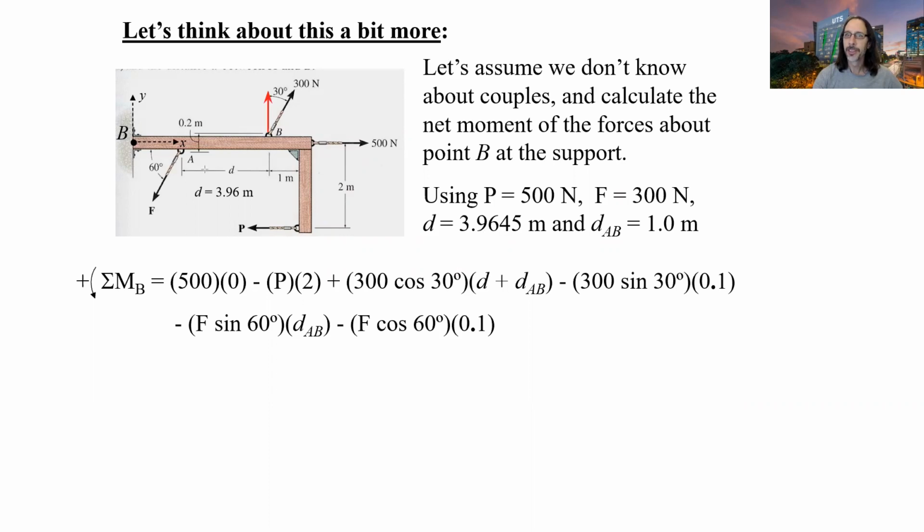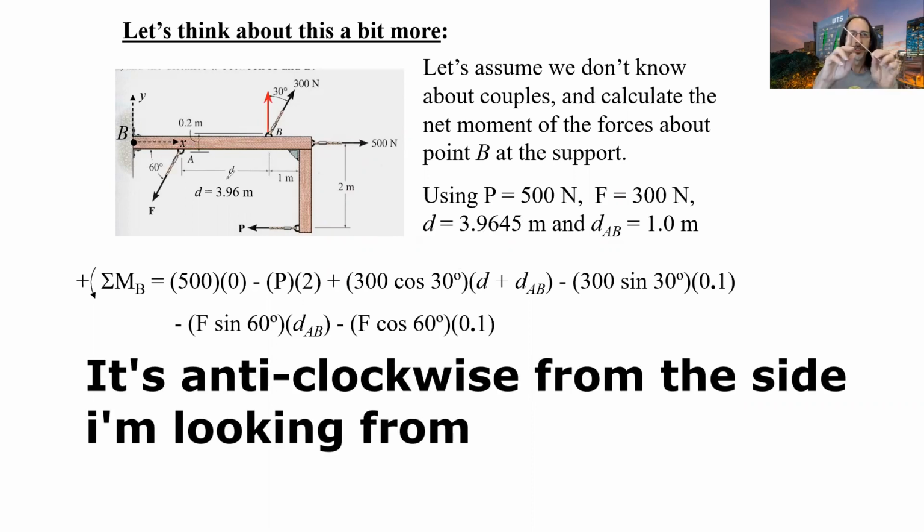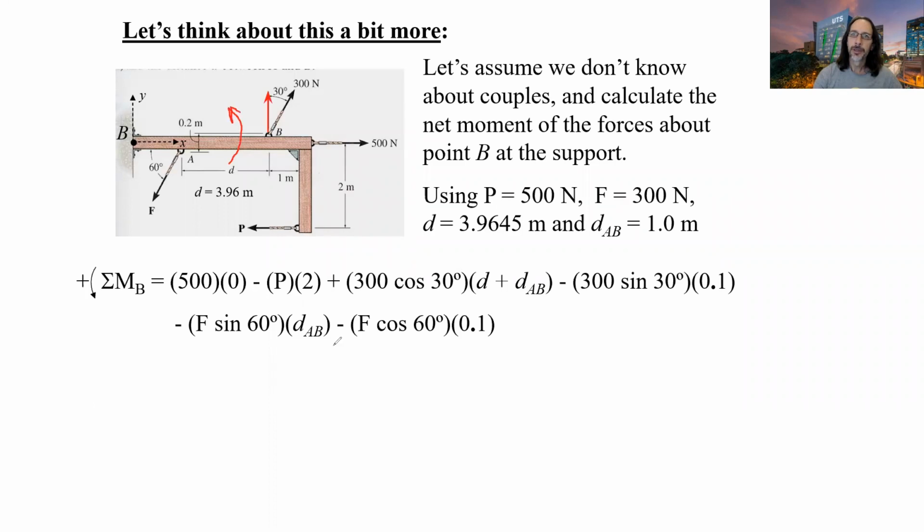So D plus DAB is its moment effect. If we look at point B, it'll be pushing upwards, tending to rotate anti-clockwise. So we have positive out the front here.